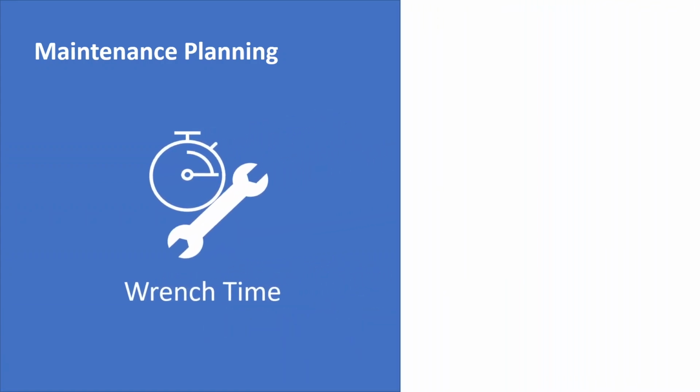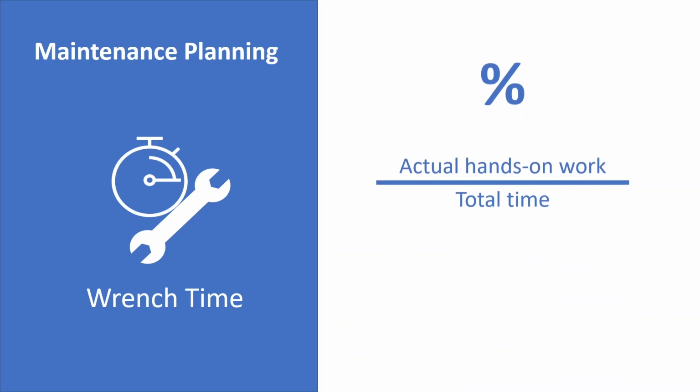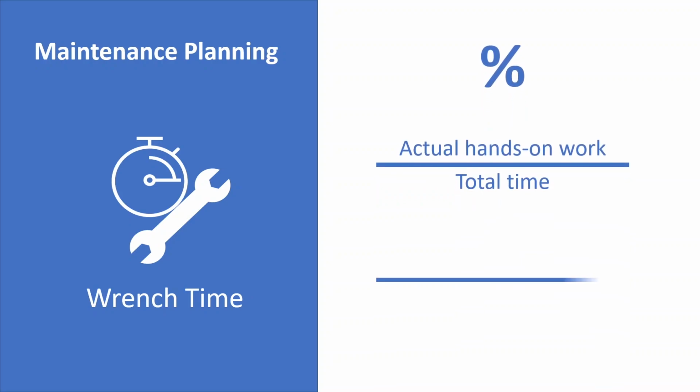Wrench time is the percentage ratio of actual time of hands-on work to the total time. So, for example, if a maintenance technician works an 8-hour workday, wrench time is about how many hours the technician spent on wrench work, that is, the hands-on work like dismantling or assembling a machine.